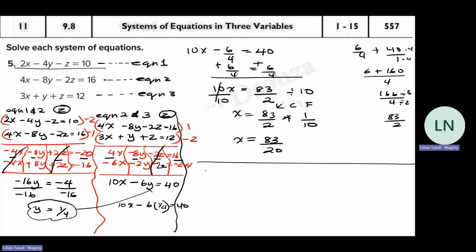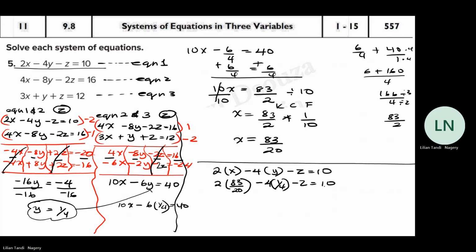So you have 2 bracket x minus 4 bracket y minus z equals to 10. 2 bracket 83 over 20 minus 4 bracket 1 over 4 minus z equals to 10. 2 goes here once, 2 goes here 10 times. So you have 83 over 10. 4 goes there 1 time, so minus 1 minus z equals to 10.